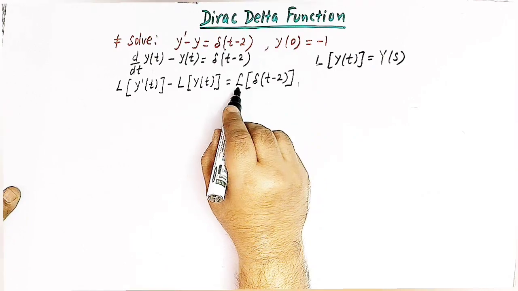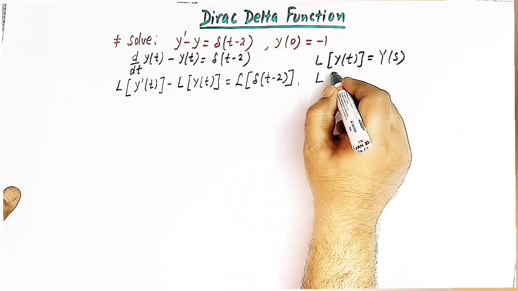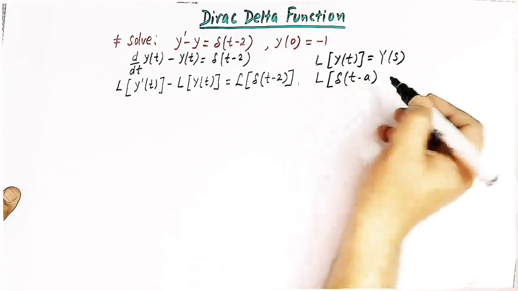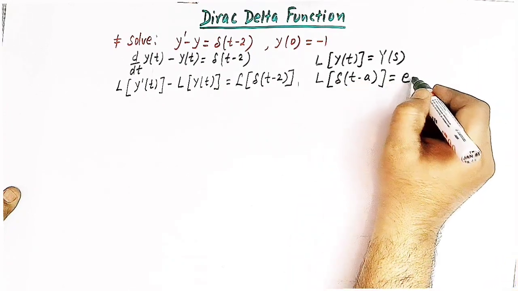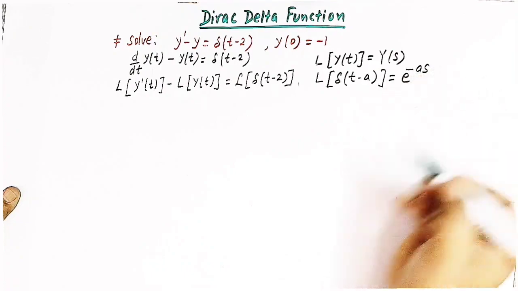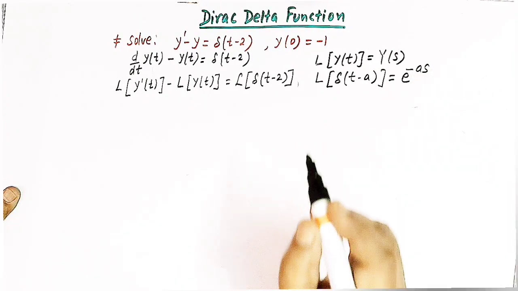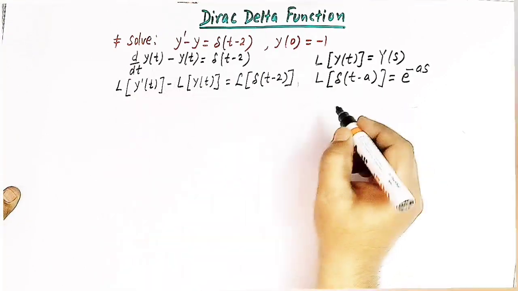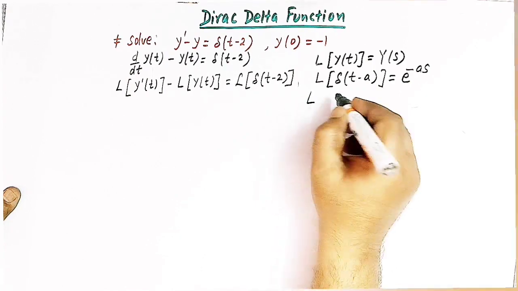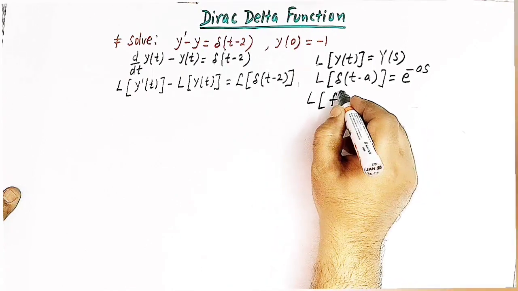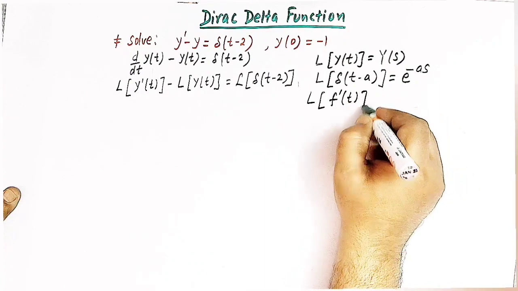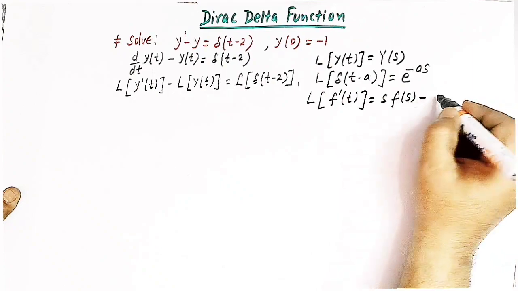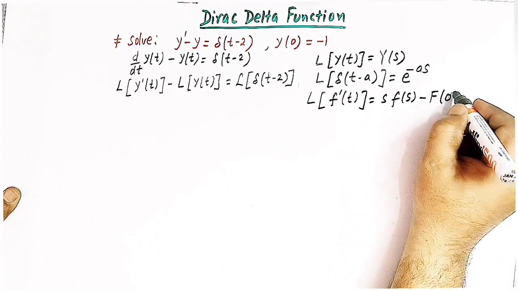And we know that the Laplace transform of the delta function, that is delta of t minus a, is given by e raised to minus as. And one more result from the derivatives of Laplace transform, we know that L of f prime of t is given by s times F of s minus f of 0.